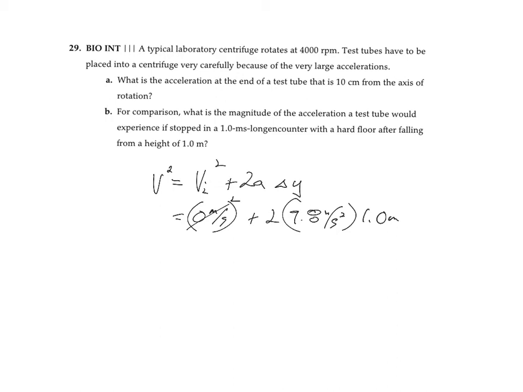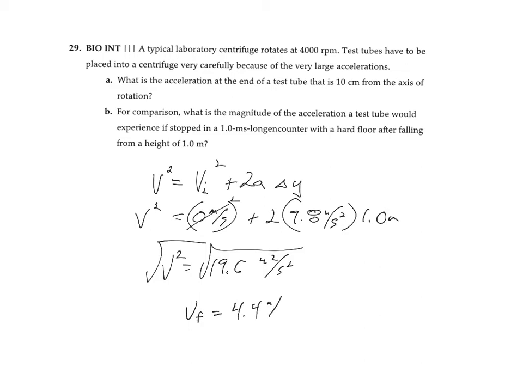So I'm going to go 2 multiplied by 9.8 times 1, which is 19.6, so V squared equals 19.6 meters squared per second squared, square root both sides, and I get a final velocity of 4.4 meters per second.